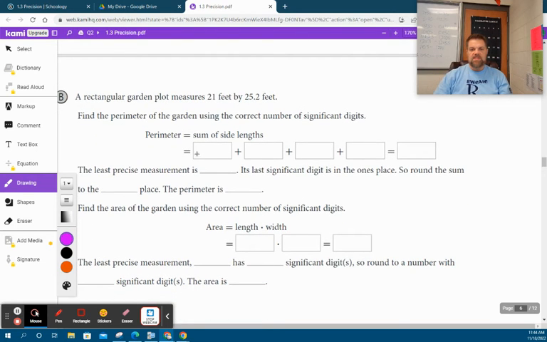So the sum of this is going to be 21 plus 25.2. So we're finding the perimeter of another rectangular shape. 21 plus 25.2. Now add all those up on your calculators and tell me what you get for the final answer, please.